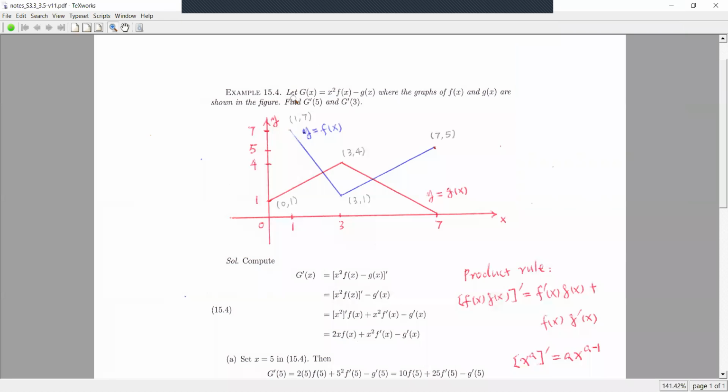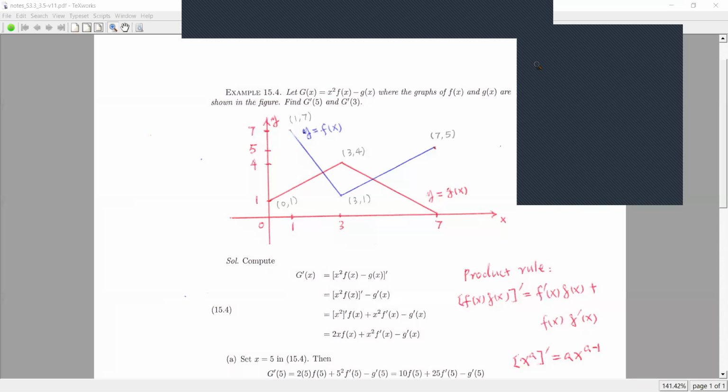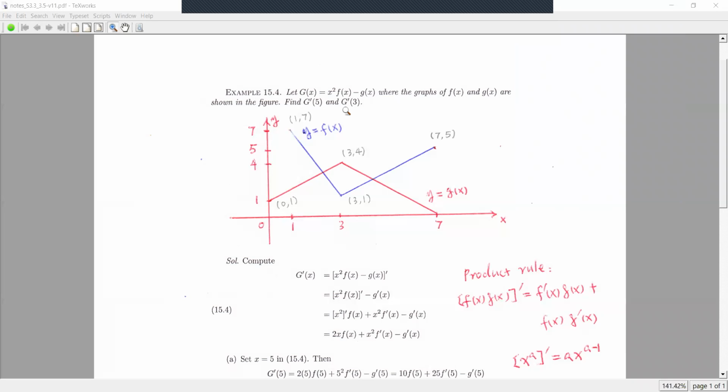Example 4. Let B of x be x squared times f minus g, where the graphs of f and g are shown in this figure. Find the derivatives of B at 5 and at 3. To find these 2 derivatives, we first compute the derivative of B at x.